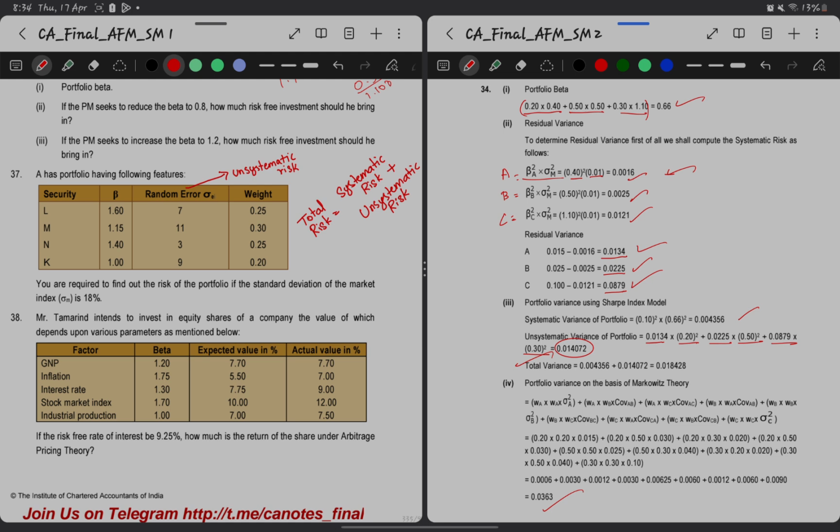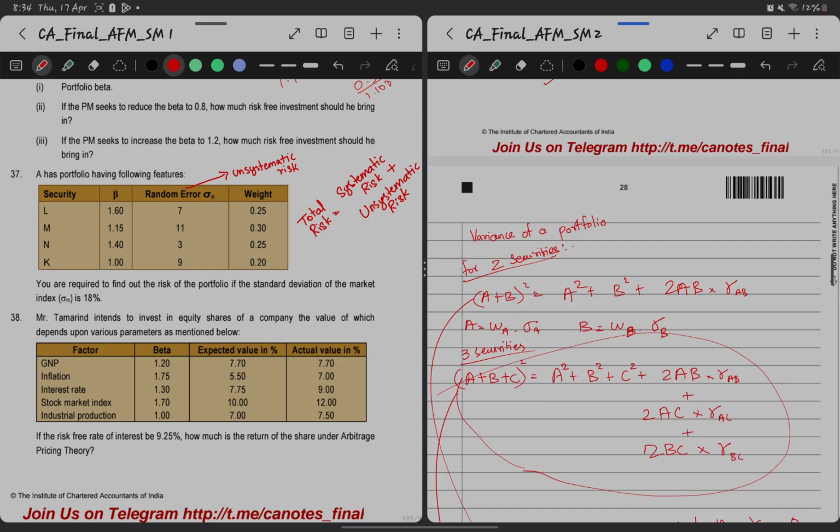But in the Markowitz approach, we can't do that. We have to always go with the a plus b square approach, which is nothing but the covariance matrix. For our purpose, we are calling it like that.